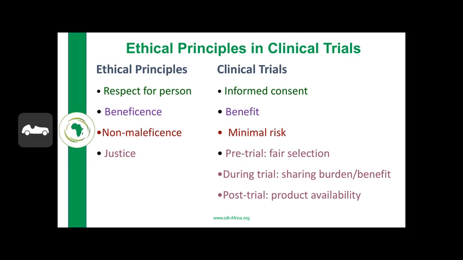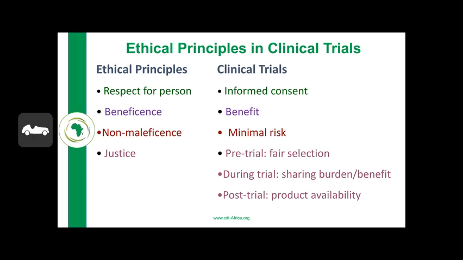First, pre-clinical trial level. We have to make fair selection of participants by setting fair and scientific criteria. During trial, we need to share the burdens and benefits of the trial equally to all participants, irrespective of where they are, who they are.